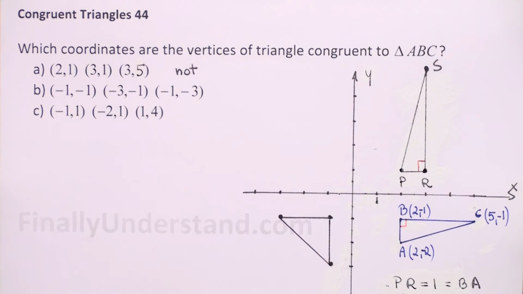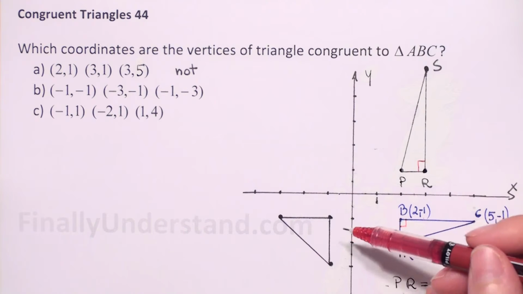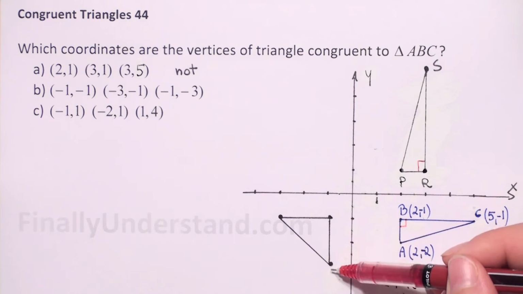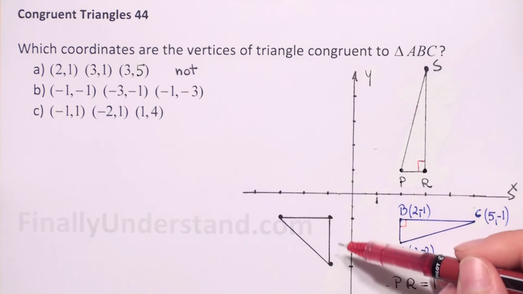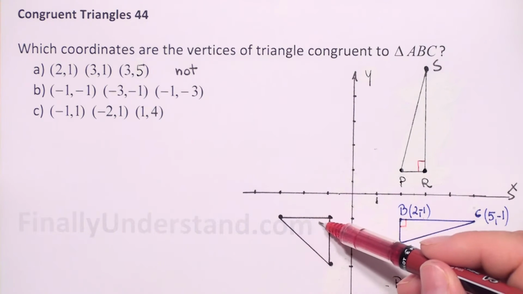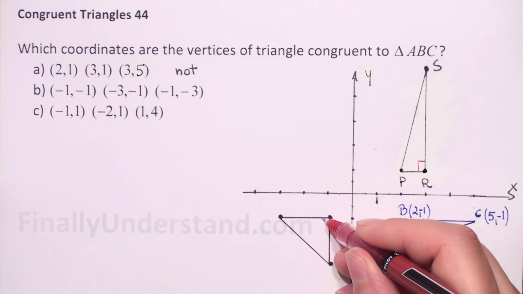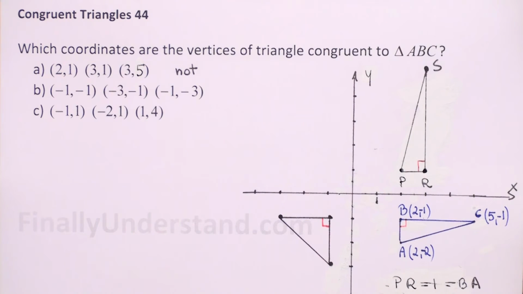And from this graph we see that this triangle is different than this. And like before, because these first coordinates are the same, this line is parallel to the y-axis and this side is parallel to the x-axis. So here we have a right triangle.